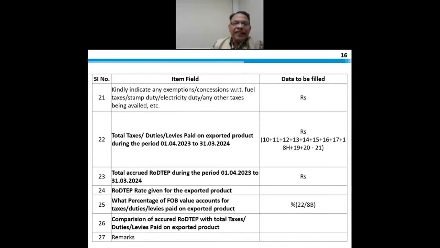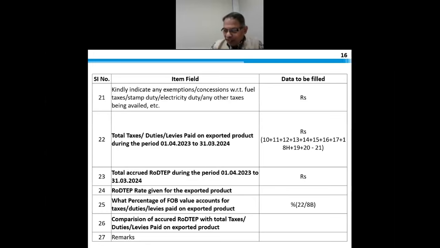21. Indicate any exemptions, concessions with reference to fuel taxes, stamp duty, electricity duty, any other taxes. Those details have to be provided. Total taxes, duties, levies paid on exported product during the period 1/4 to 31st 3. So consolidated figure.